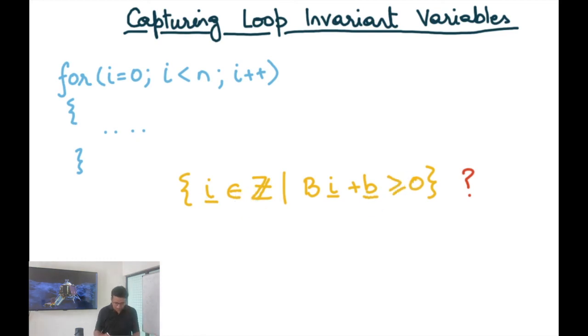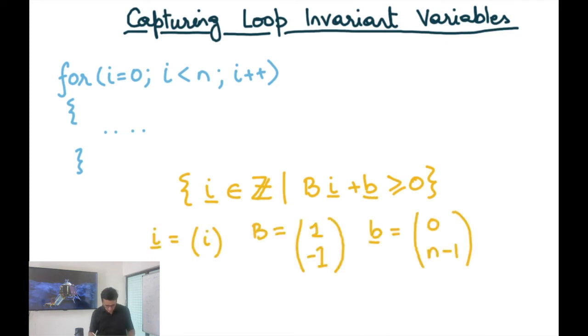Well, it does. We're just going to extend our small b such that it can also have loop invariant variables in it. So for example, in this representation, these would be the matrices capital B and small b, and I would be just a single dimensional vector. Capital B would be 1 and minus 1, and small b would be 0 and n minus 1.